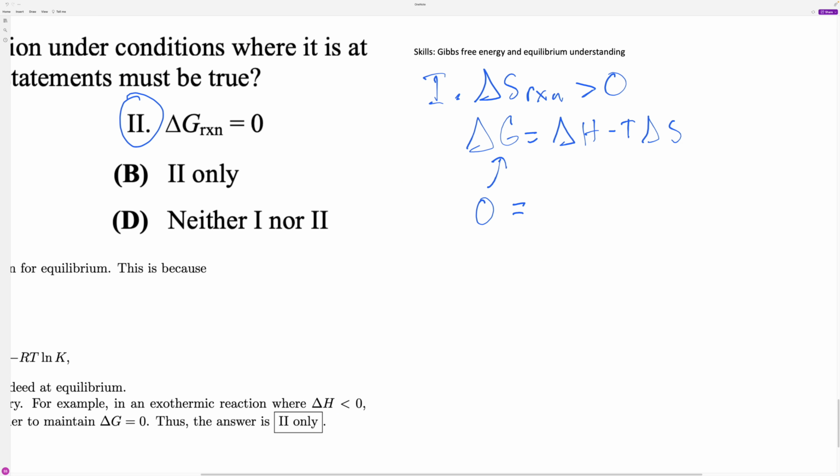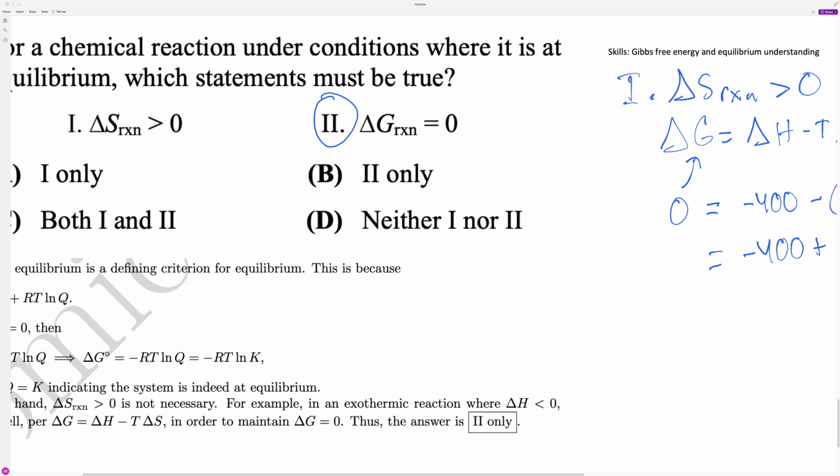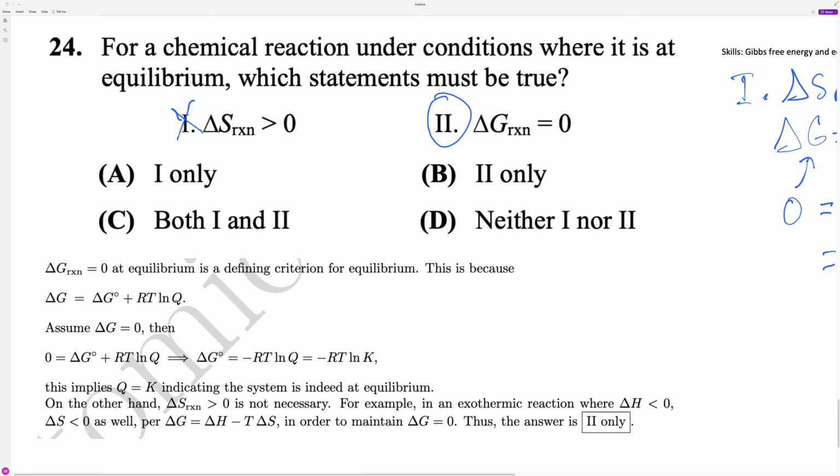But let's say that delta H is negative 400 and T is going to be 200, while delta S is negative 2. In this case, delta S is negative, so this is the opposite of what the statement is saying. If you compute this, it ends up being negative 400 plus 400 equals 0. So even though delta S is negative, the reaction is still at equilibrium, so I is going to be false.